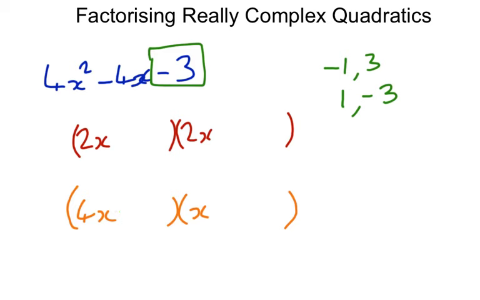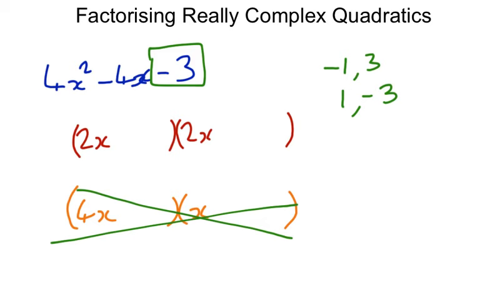If we tried minus 3 and plus 1, we get 4x minus 3 gives us plus x, so that one doesn't work. And if we tried plus 1 and minus 3, then we get minus 12 plus 1x, so that doesn't work. So we've tried all four possibilities in the 4x and x one, and none of them worked.